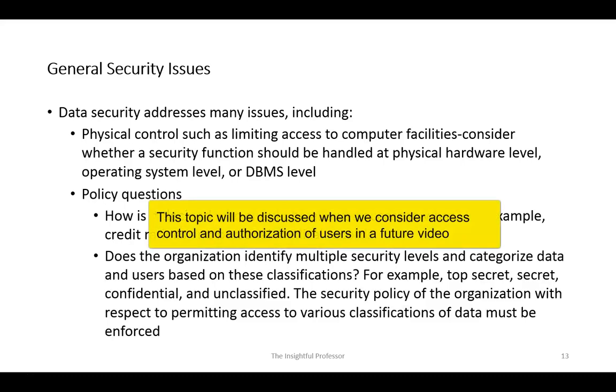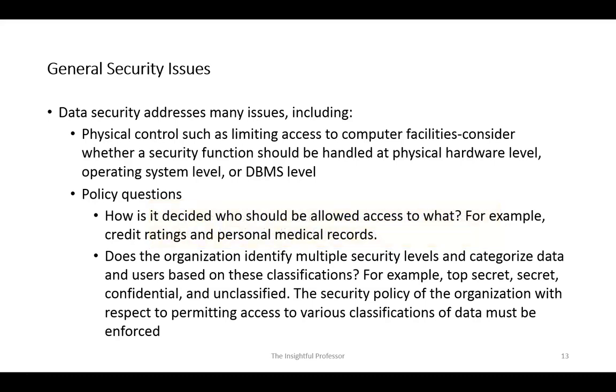Does the organization identify multiple security levels and categorize data and users based on these classifications? For example, in government and military installations, we often see classifications such as top secret, secret, confidential. The security policy of the organization with respect to permitting access to various classifications of data must be enforced.